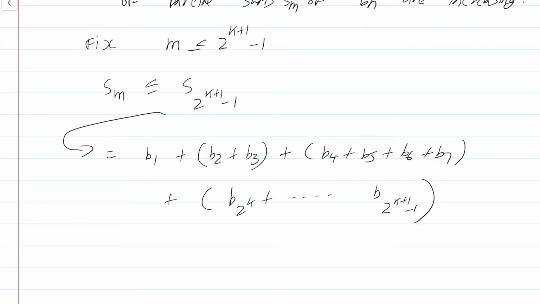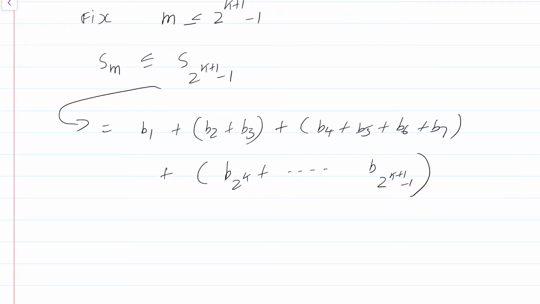Okay, now because Bn is a decreasing sequence, this is less than or equal to b1 plus 2b2 plus 4b4 plus dot dot dot 2 power k b 2 power k. Right? Simply because this is a decreasing sequence.